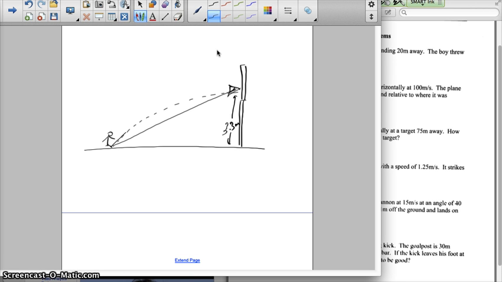The kick looks like this. I can fix that, make that a little better. Let's see.